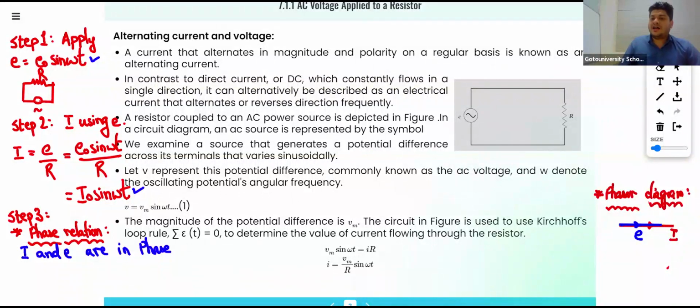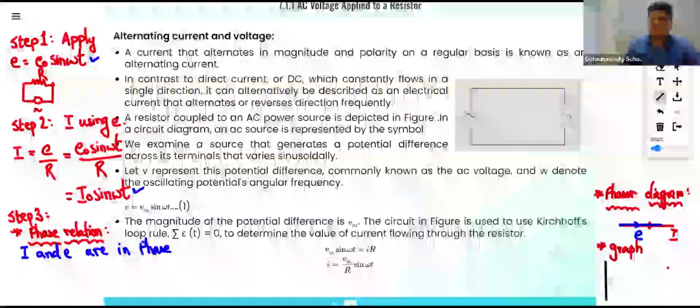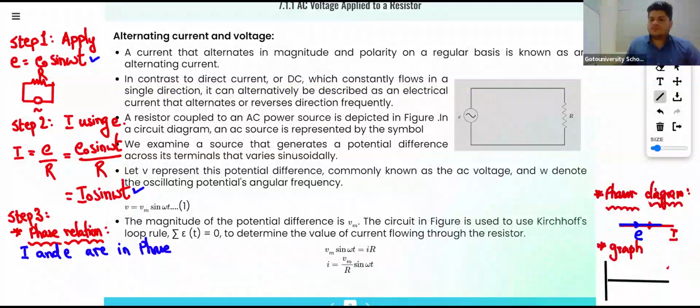Okay, and what about the phasor graph? If you study about the graph, in this graph you have either alternating current or alternating EMF versus time.